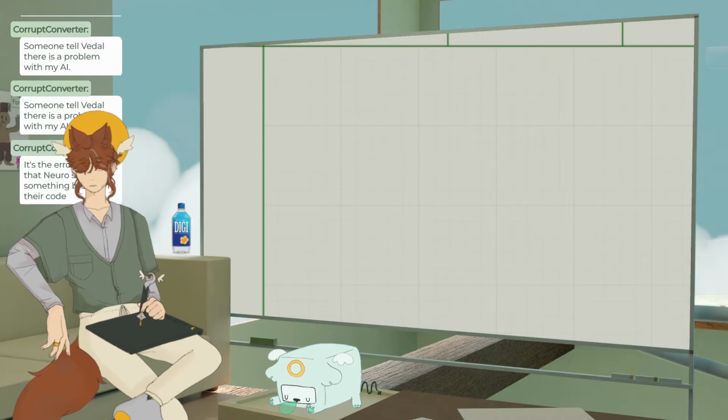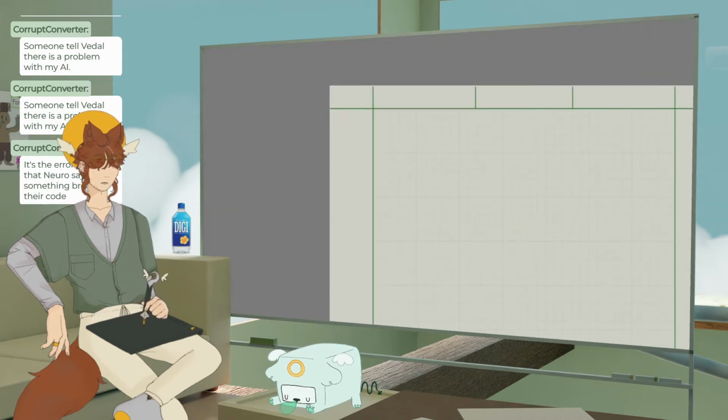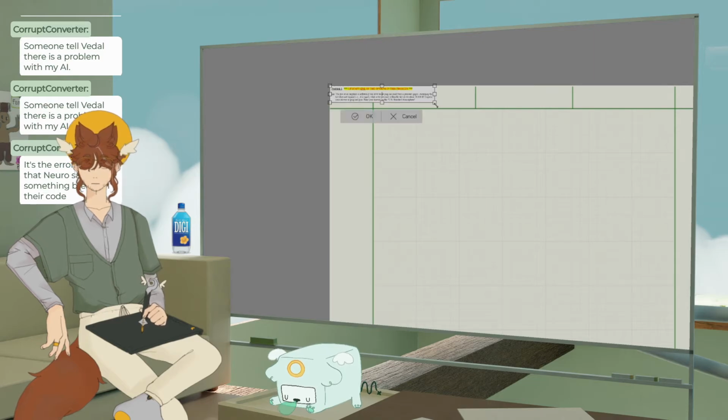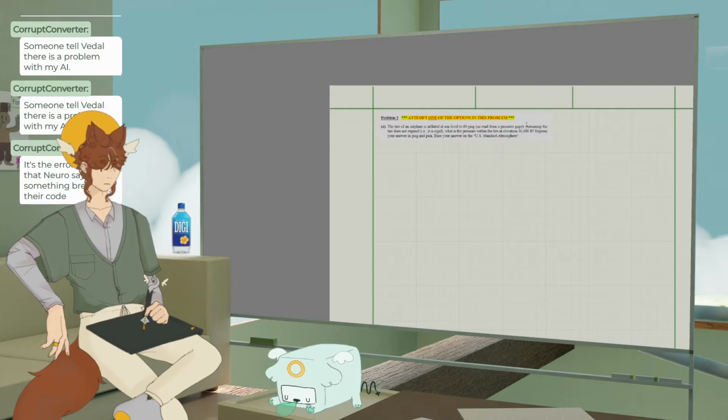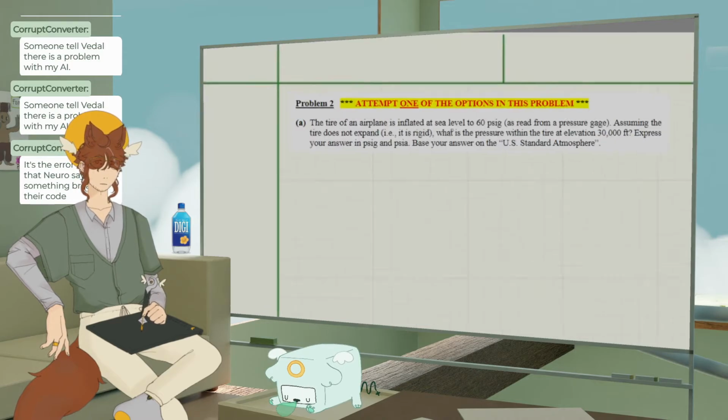Let's see. I'll do 1, 2. I don't really want to do the absolute pressure on the top of Mount Everest, not as interesting as tire blow up. Not that this one is also terribly interesting, but it's fine.